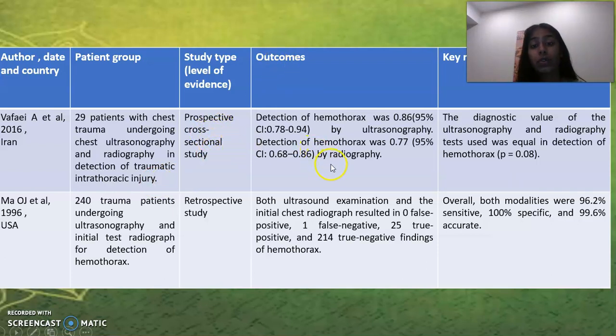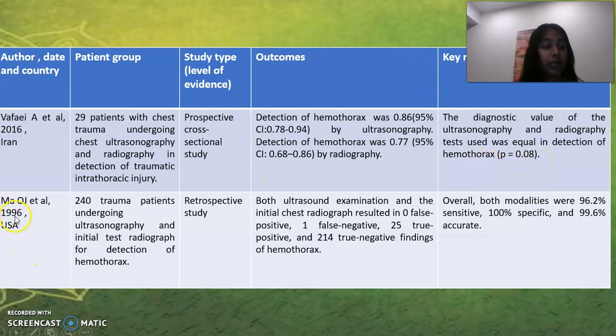Outcomes: detection of hemothorax was 0.86, 95% confidence interval 0.78 to 0.94 by ultrasonography, and for radiography was 0.77 with a 95% confidence interval of 0.68 to 0.86. The key result was that the diagnostic value of ultrasonography and radiography was equal in detection of hemothorax, with a p-value of 0.08.